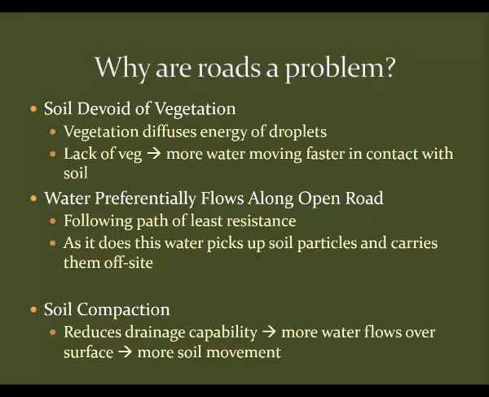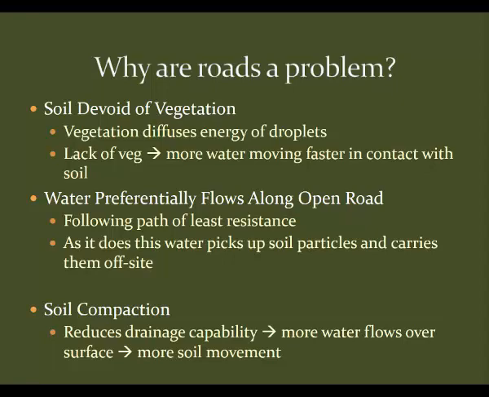The other thing about roads is once we've removed a whole bunch of vegetation along a long linear stretch, then not only are we going to have raindrops coming down vertically to the soil and hitting it at high speed and dislodging particles, but we're making these large roadways, which is exactly what they are, along which the water can travel. So the water is going to preferentially continue to flow along that road where everything is exposed.